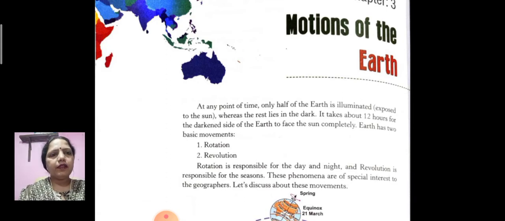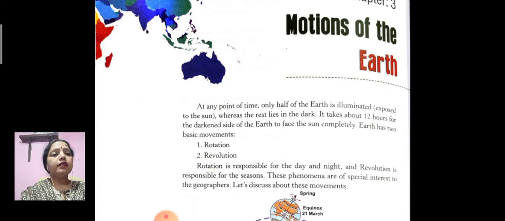Firstly, we will start this chapter. At any point of time, only half of the earth is illuminated, whereas the rest lies in the dark. It takes about 12 hours for the darkened side of the earth to face the sun completely.